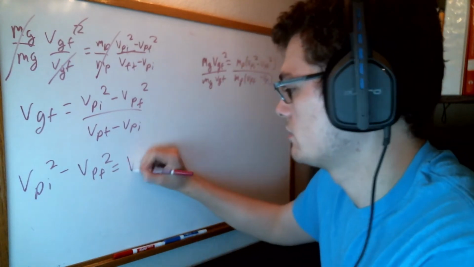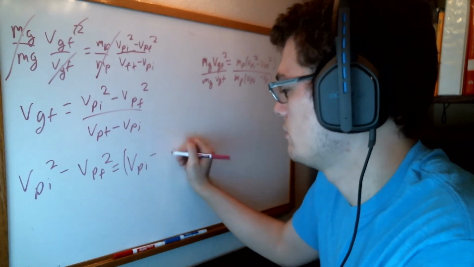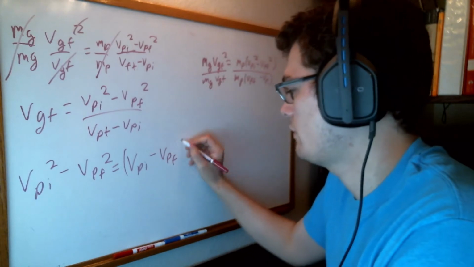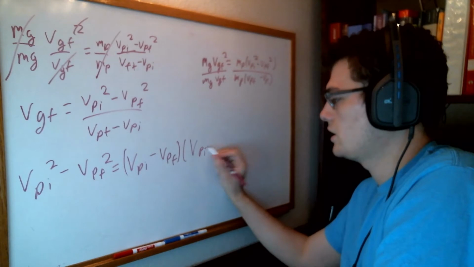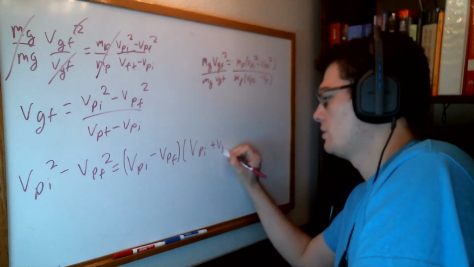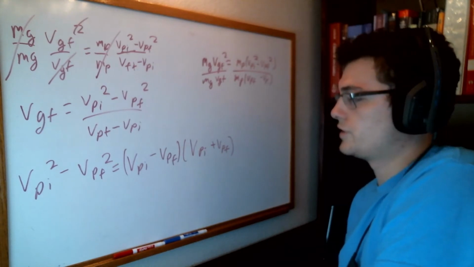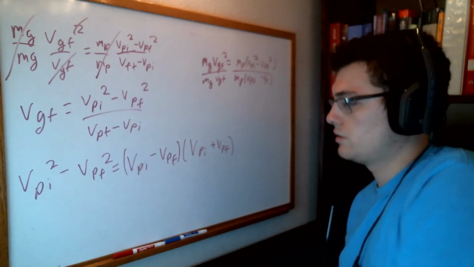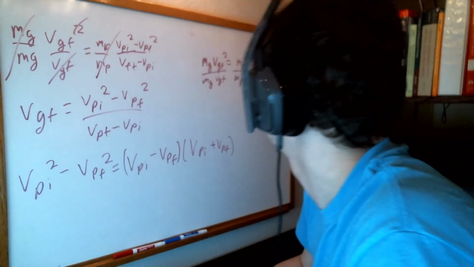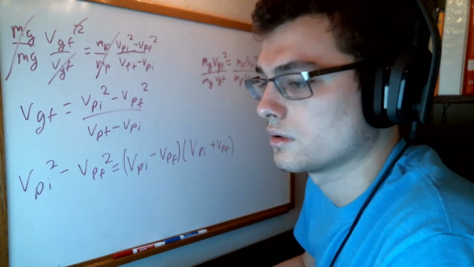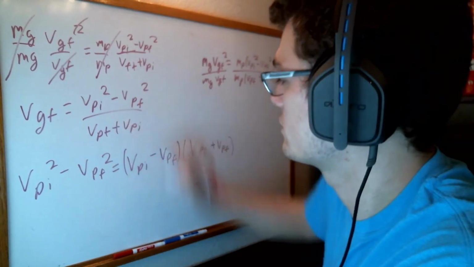And so this is going to be equal to VPI minus VPF times VPI plus VPF. And as you can see, this should have been a positive. I messed that up. This should be a positive. That should be a positive.